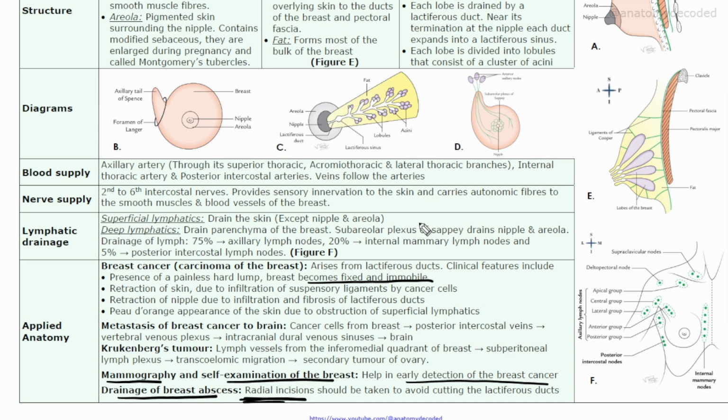This is very important because the lobes are arranged radially, so incisions should also be radial. If a vertical incision is taken, it may damage multiple lobes, but a radial incision will be restricted to one lobe. So it should be a radial incision to avoid cutting the lactiferous ducts.